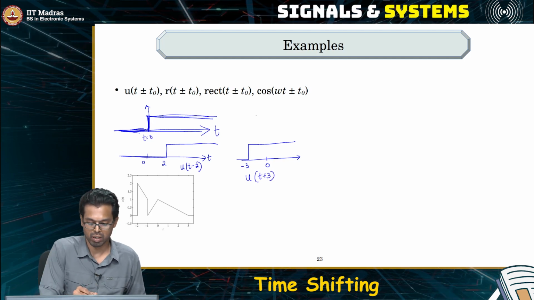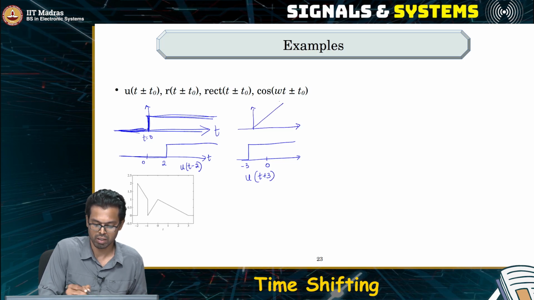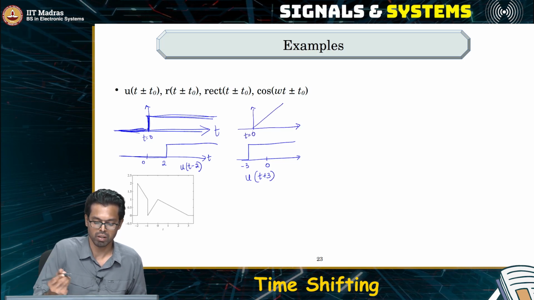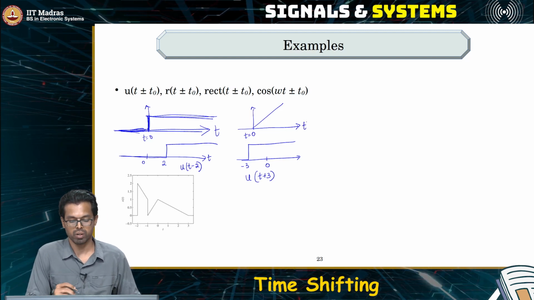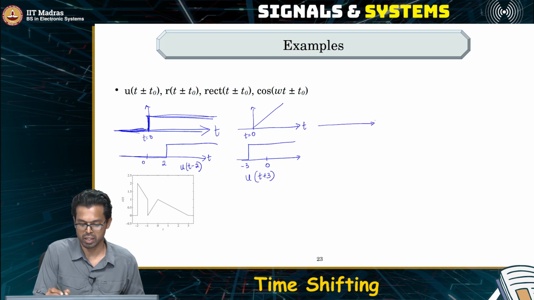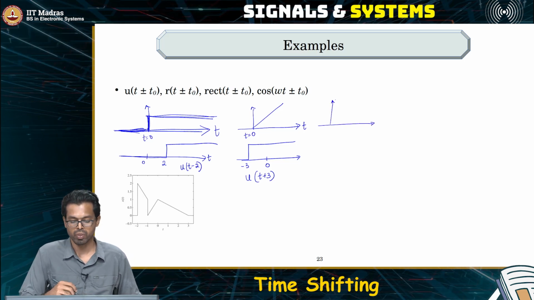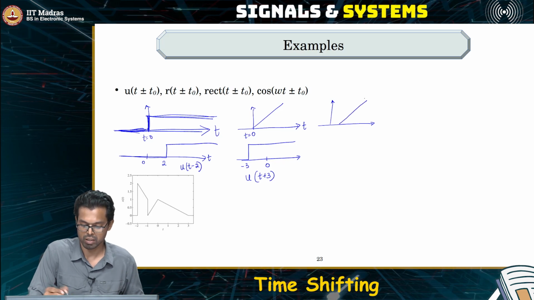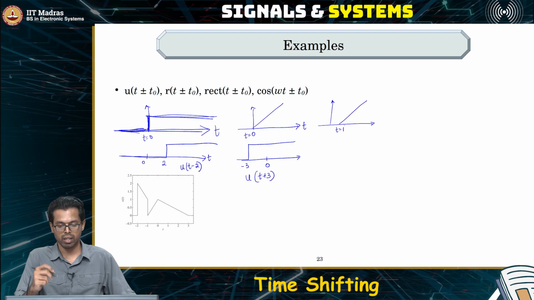Now, if you have a ramp, how do you represent it graphically? This is a regular ramp without any manipulation. Now, let's say we want to delay it by 1 second. How do we do that? We just move it to the right. So, the signal starts at t equals 1 second. Now, how does this look analytically?